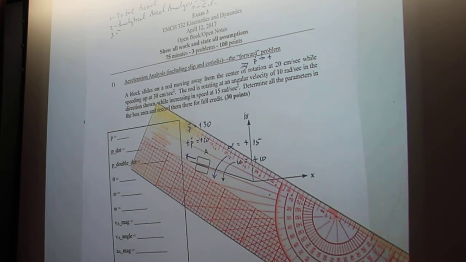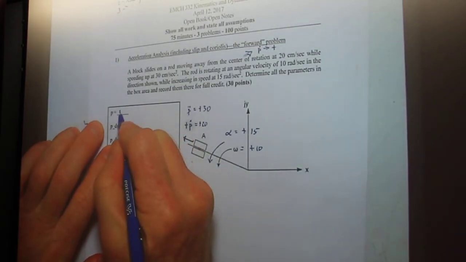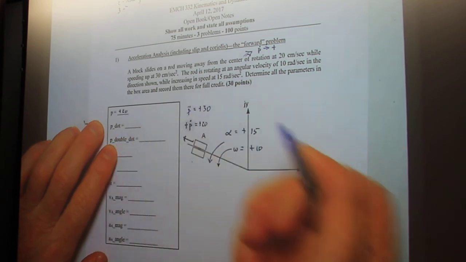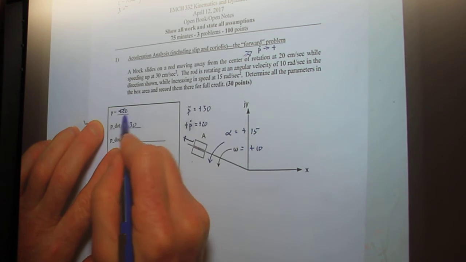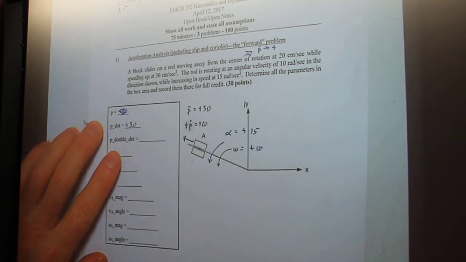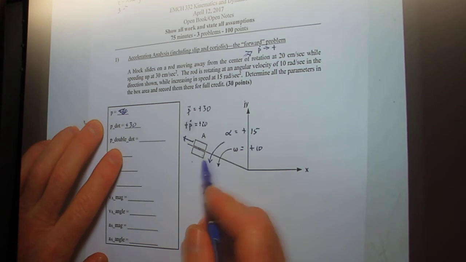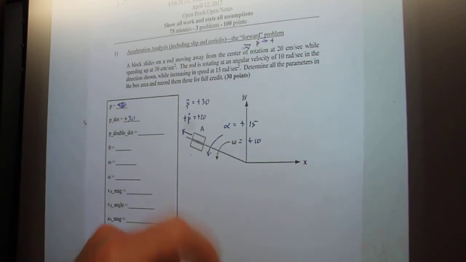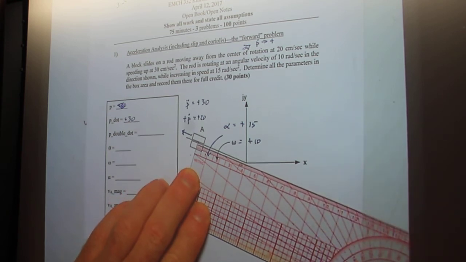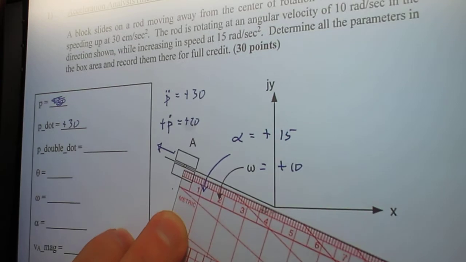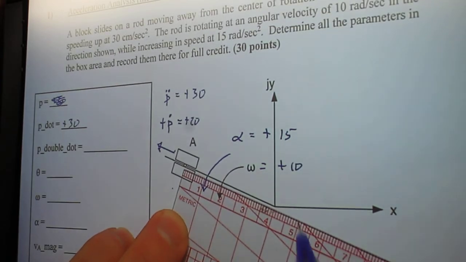Let's continue on this. Go ahead and fill out these values. So you got plus 20, plus 30. On this one, because I do not give you the P value, you physically have to measure it. When you measure this, you see that it is 4. So you measure it from the origin up to the little dot in the middle.